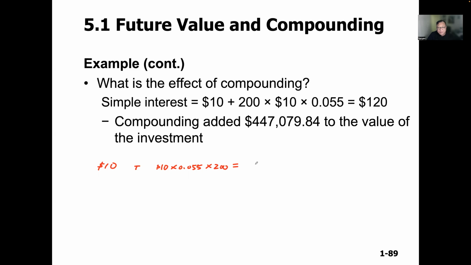Okay, so this gives me only $120. So the future value with simple interest is only $120. So the compounding effect adds $447,000 and $79.84. Okay, that's the compounding effect.